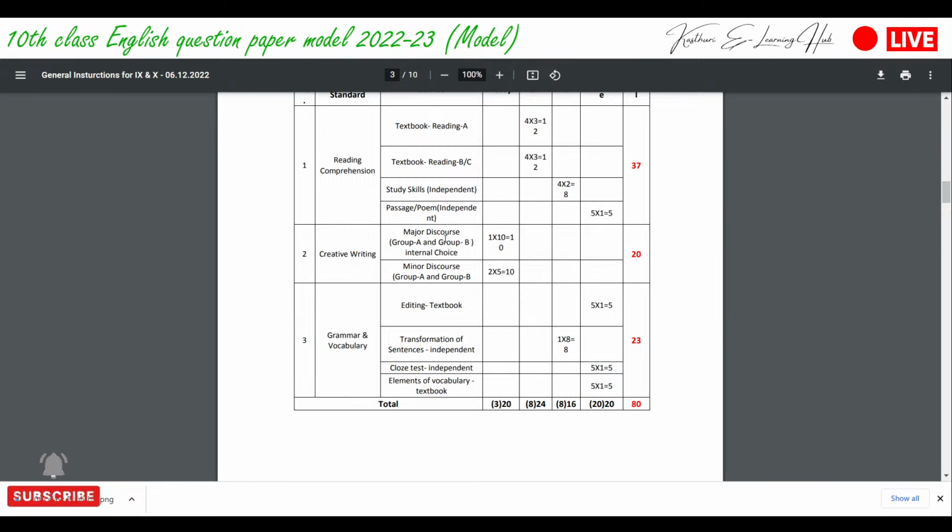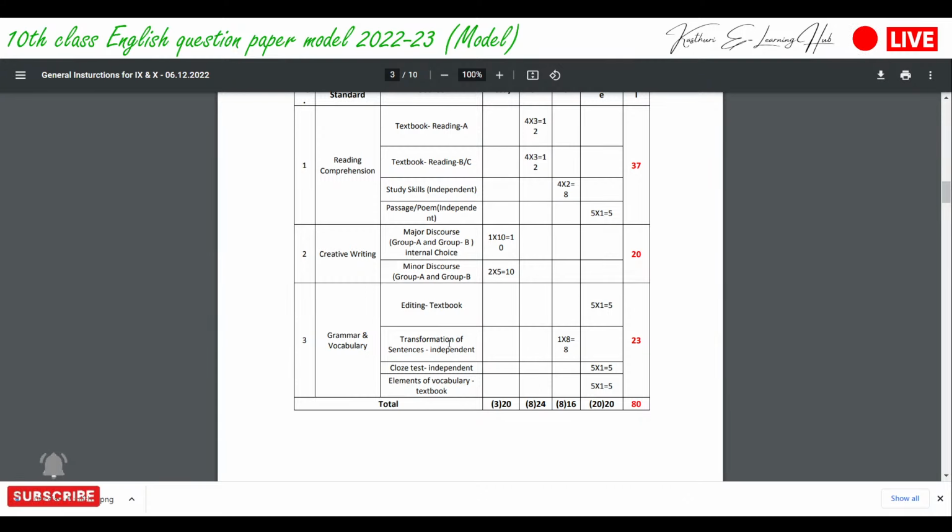Group B is out of the text. Here for major discourse you have an internal choice, group A skill or group B skill. So either the textual one or the non-textual one, you can make a choice over there. This carries 10 marks. This is a major discourse.